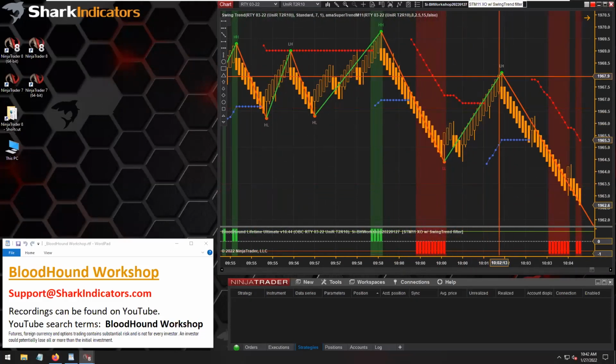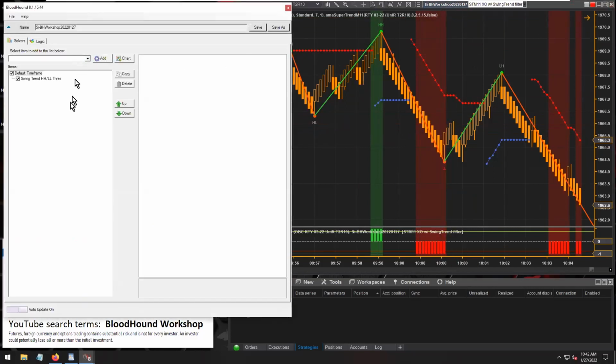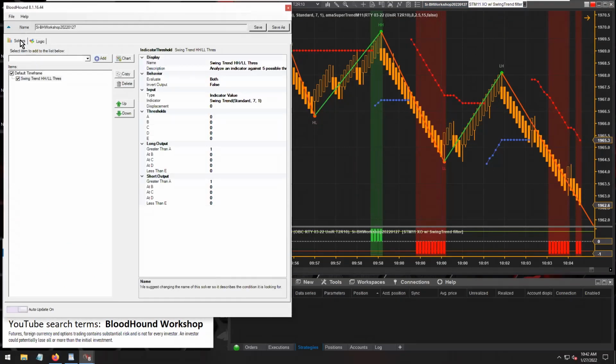So next we want to identify the lower highs and the higher lows. Let's get BloodHound back open again. From the solvers tab, here's that threshold solver that I already made, that's finding the higher highs and lower lows.